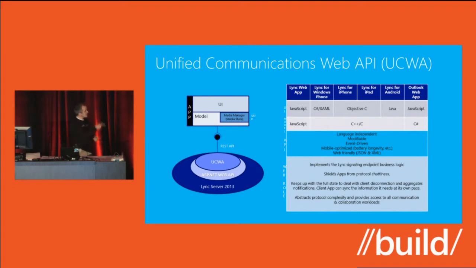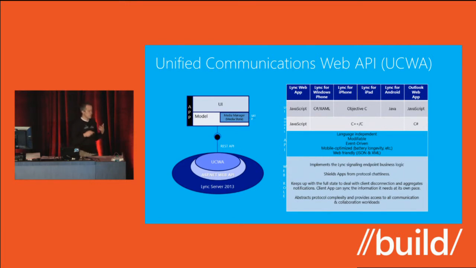So if you're using any of these available clients for Lync 2013, you are actually using ASP.NET Web API in the back end through UCWA, it's what we call it for short, Unified Communications Web API. And so it enables experiences ranging from rich HTML5 experiences through the Lync web app, all the way down to a variety of native client app experiences like Windows Phone, even iOS, and Android.